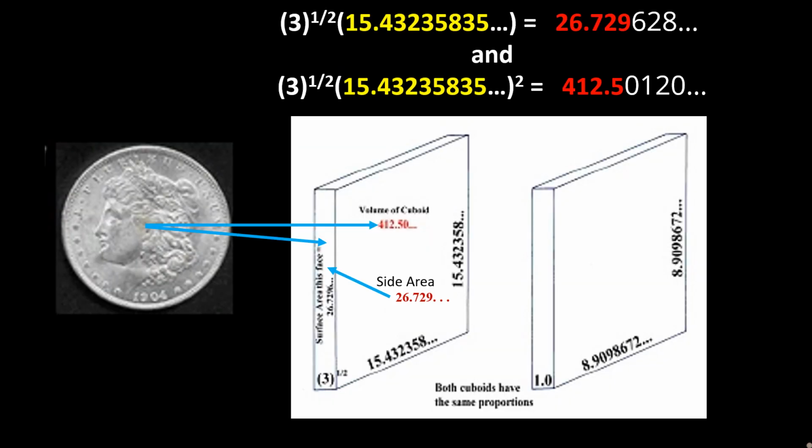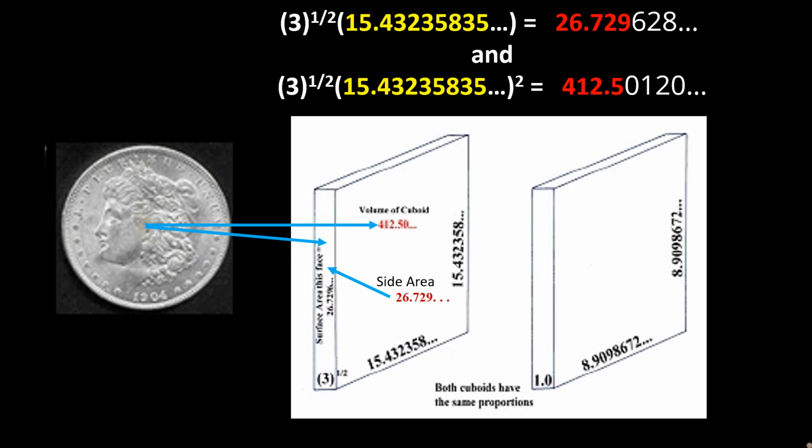The cuboids in this next image have been derived from the equations above. Here we can see that the volume of the cuboid on the left is 412.5 units, the same as the 412.5 grain gross weight of the silver dollar coin.